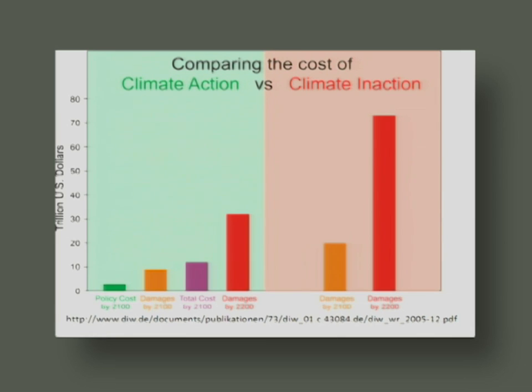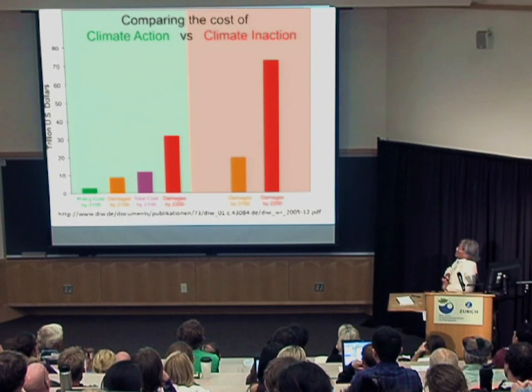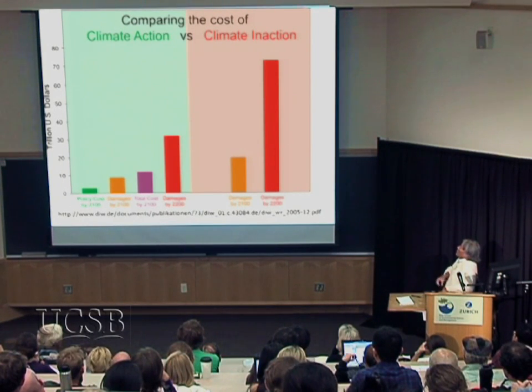The type of impacts and damages accrued without taking action, compared with taking some action in 2200, and the tremendous economic cost that we would incur.